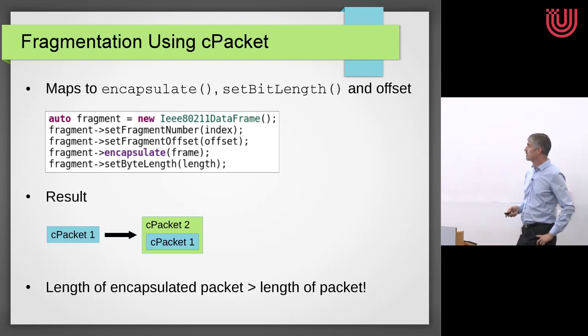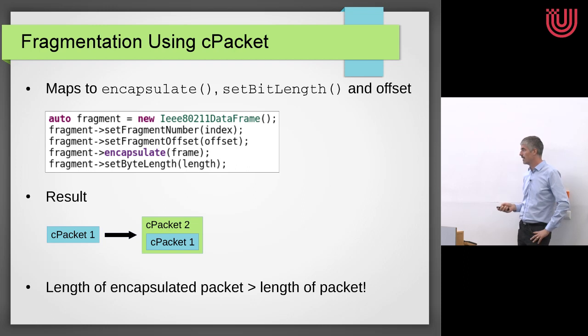So what about fragmentation? In the INET 3.x version, we used to do fragmentation with encapsulation and set bit lengths and some offsets. So basically what we did is created a new packet, added some fragment offset field and fragment number, and then encapsulated the original frame into it, and then finally truncated the length of the outer packet.